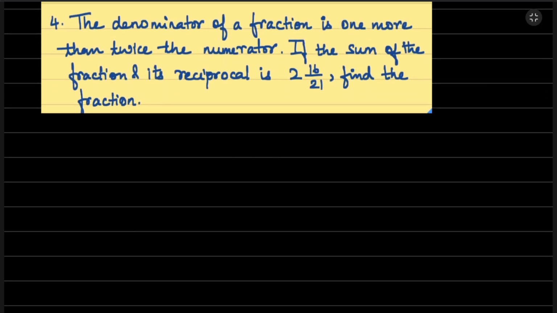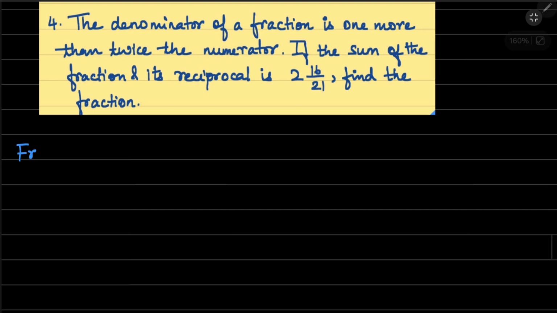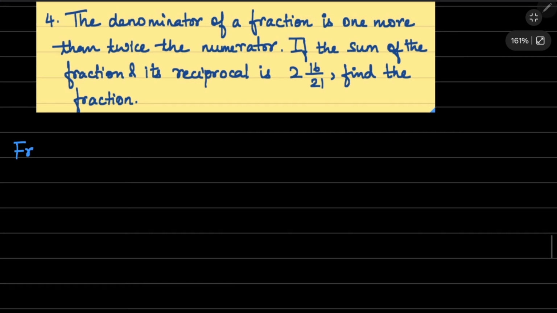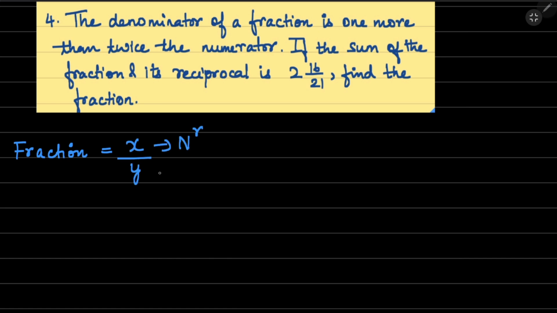A denominator of a fraction is one more than... now this is a fraction related question. Whenever you have a fraction, it will always be of the form numerator by denominator. So let it be x by y, where x is your numerator and y is your denominator.